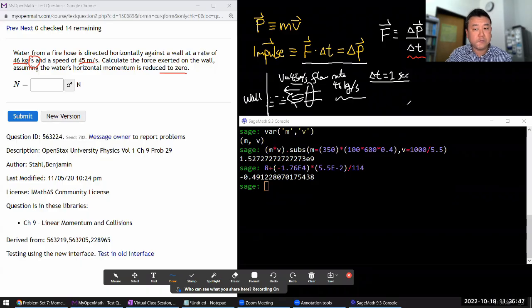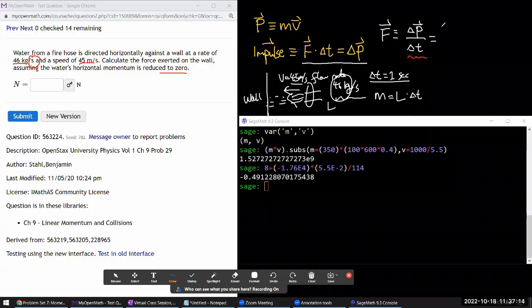So I can calculate the change of momentum over that delta t, because I will have an amount of mass of water that's come out and hit the wall. That'll be the flow rate. Let me call this, I don't know, L. That'll be L times the delta t. And we are given the velocity. So, okay, I think I have enough to write down my change of momentum.